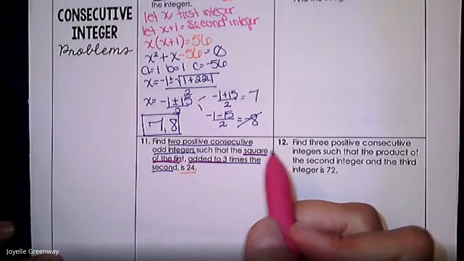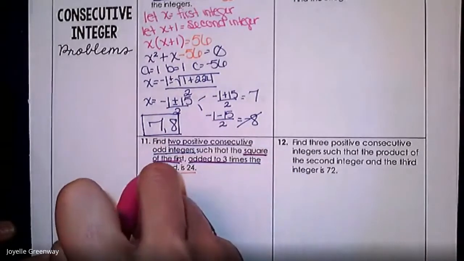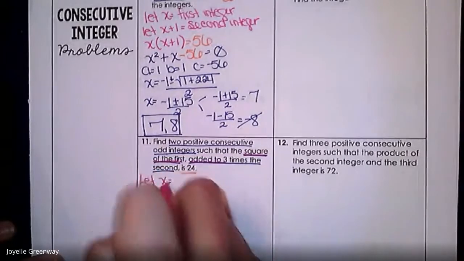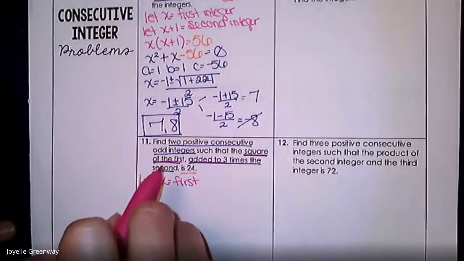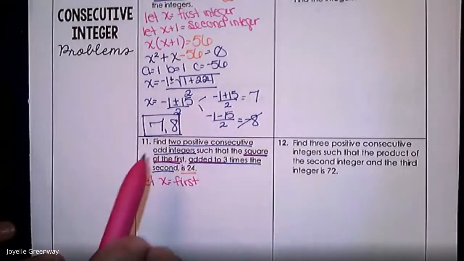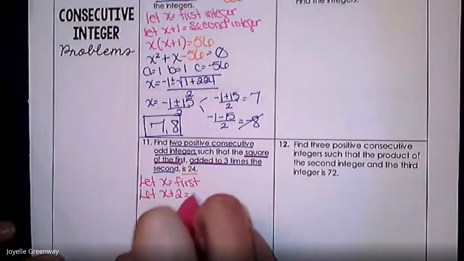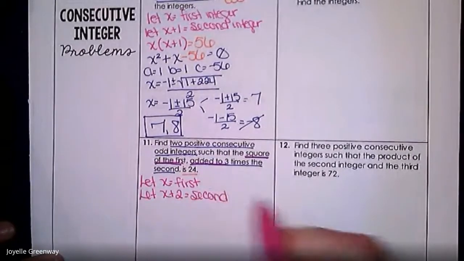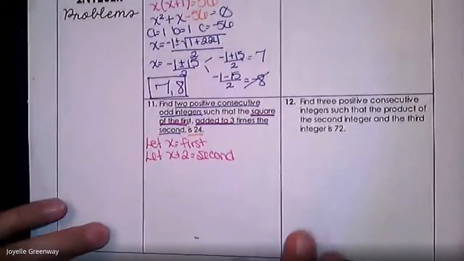So we're going to let x be the first, and then it's consecutive odd integers. So let x plus 2 be your second integer. Okay?